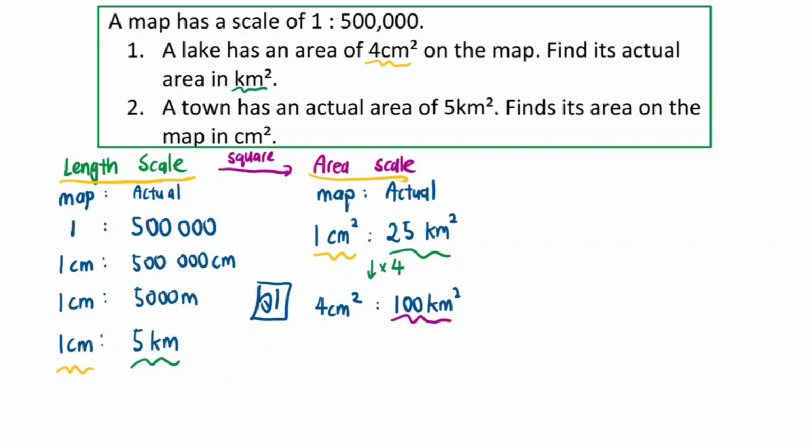So this 100 kilometer square is the answer for question 1, and this is the actual area of the lake. Because an area of 4 cm square represents 100 kilometer square on the actual terrain.